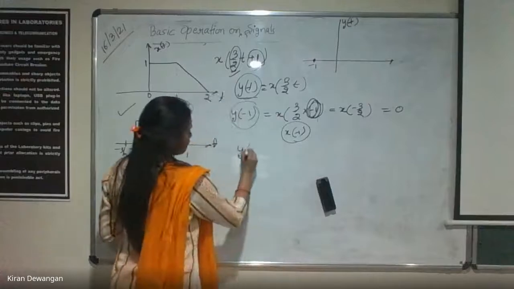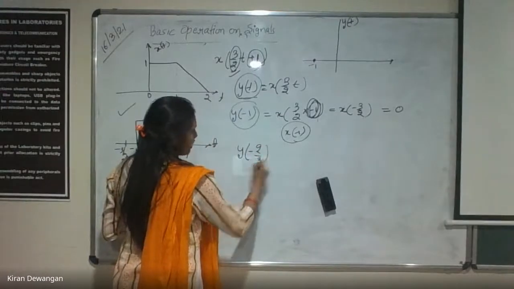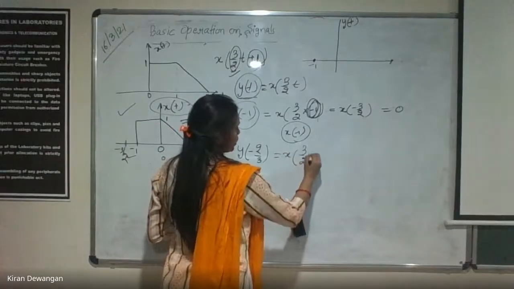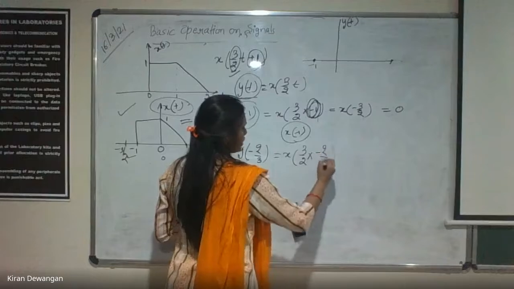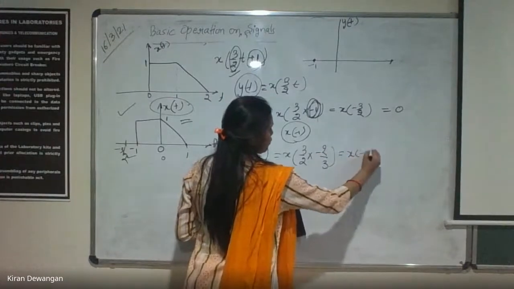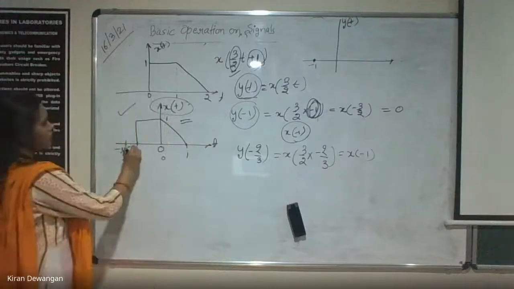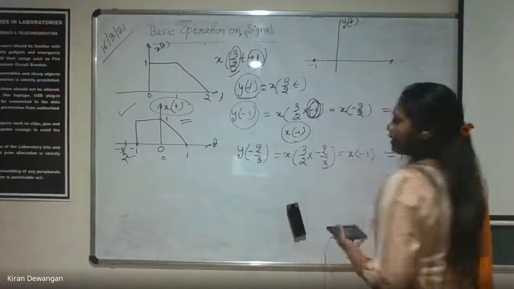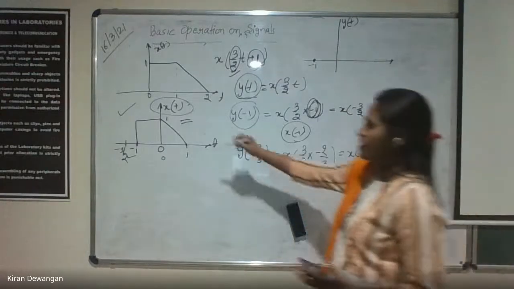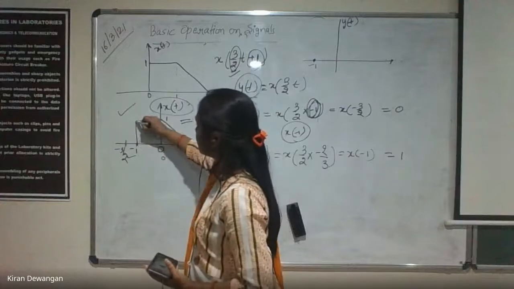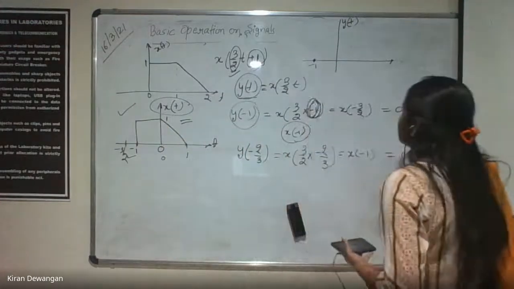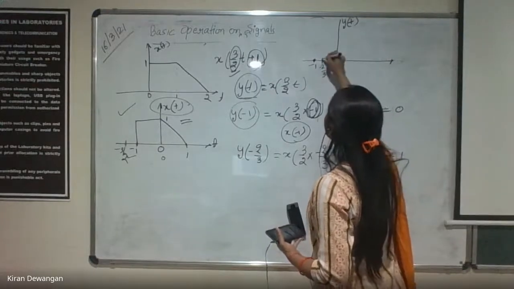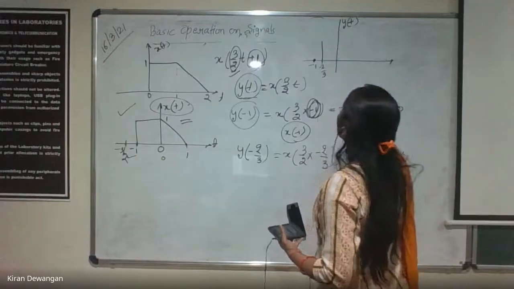So I'll take y of -2/3. Then it becomes x of 3/2 into -2/3, which is x of -1. Now what is my x of -1? The value of x of -1 is 1. So somewhere here at -2/3, the value is 1.